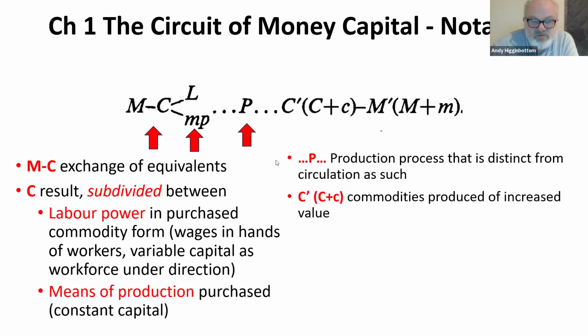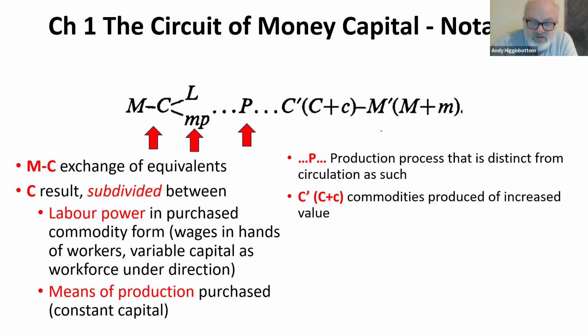And then Marx moves into the production process, and he separates out production with these dots, because what he's emphasizing here is that it's a very different character. It's no longer circulation. We're moving into a process of a different kind, the labor process, the production process.